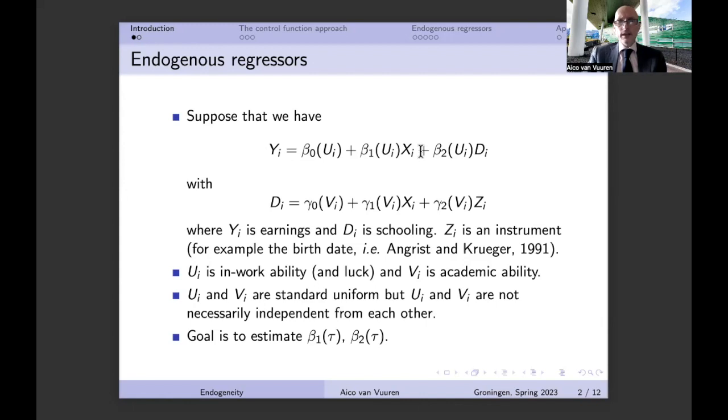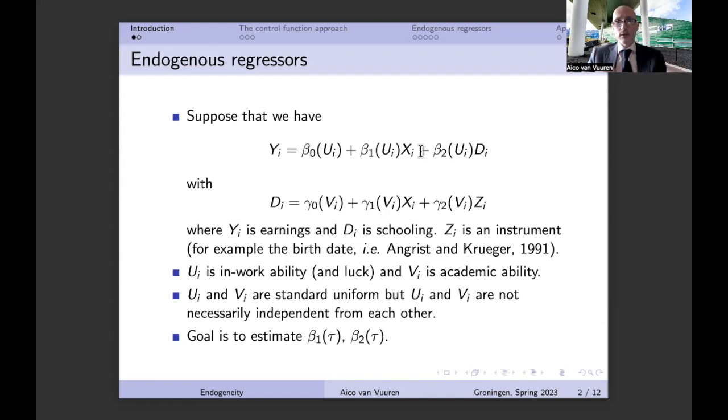But we haven't talked yet about the problem of endogeneity, and we should take into account that when we have endogenous regressors, we should still take that into account when we use quantile or distribution regression.